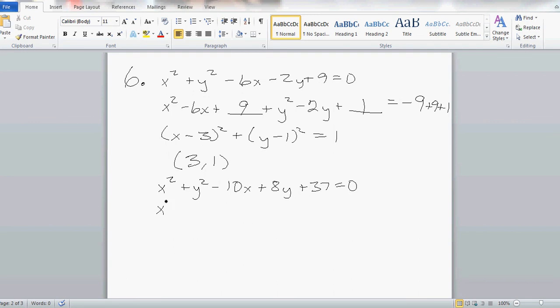Grouping the x's together and the y's, and moving the number to the other side. Completing the square. Half of 10 is 5. 5 squared is 25. Add 25 over here as well. Half of 8 is 4. 4 squared is 16. So add 16 here.